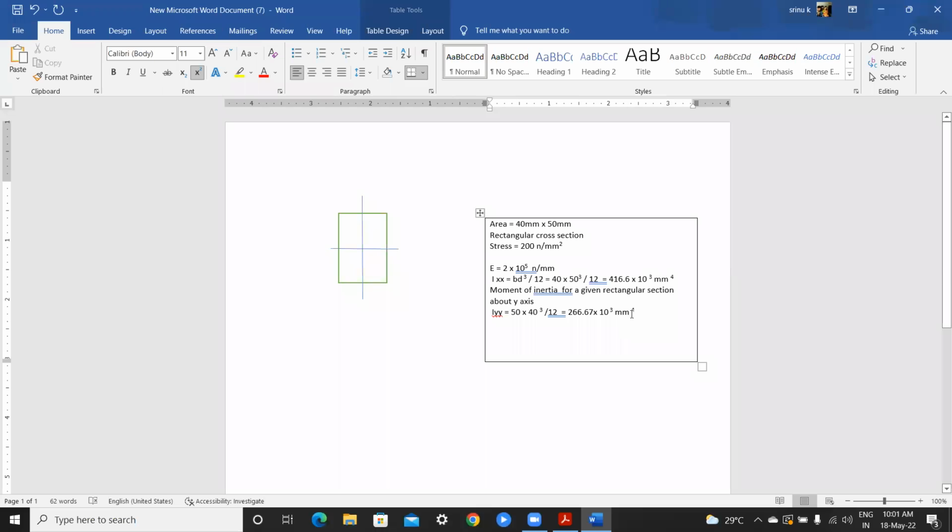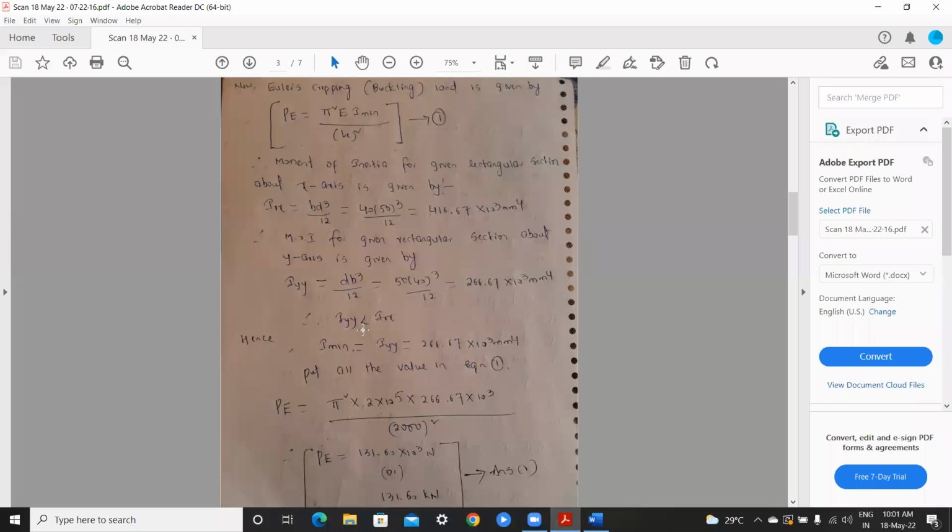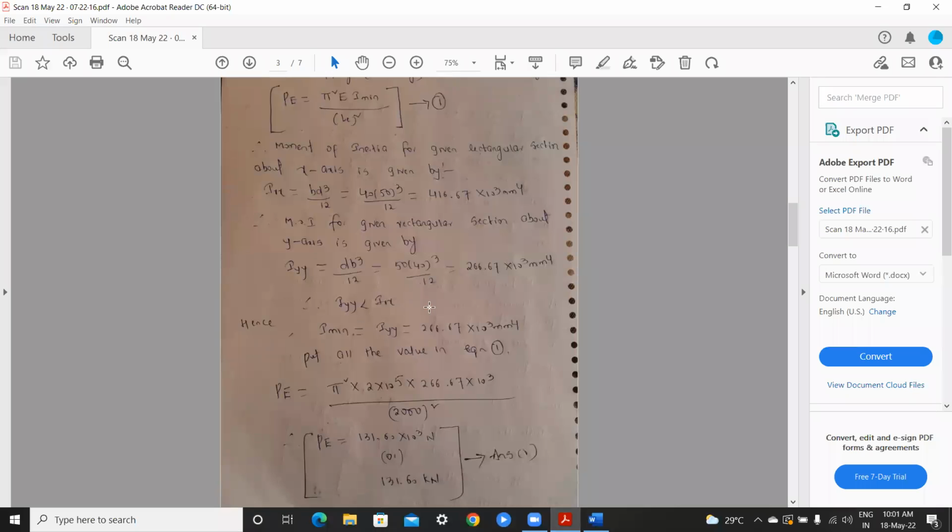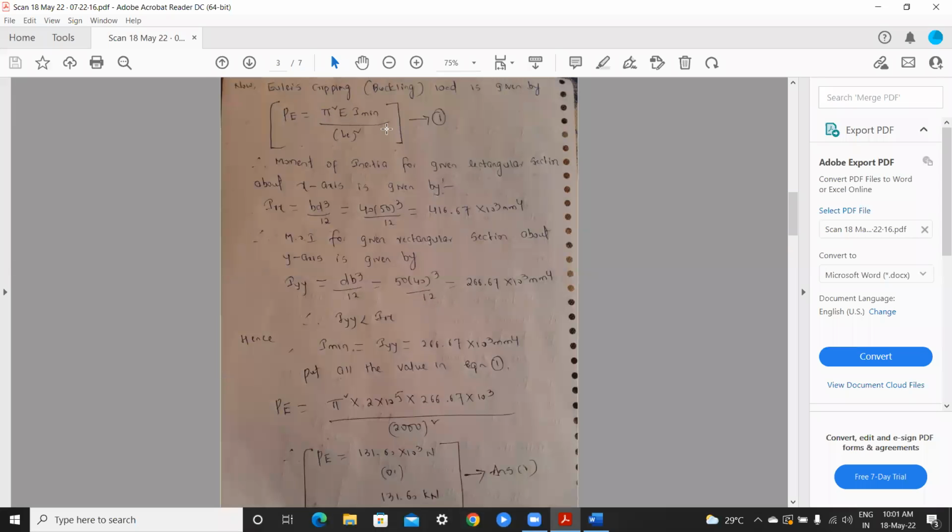So here Ixx is greater in our condition, hence we have to take the I minimum value, 266.67. In the formula, pi square, what is the pi value? The pi value is 3.14.